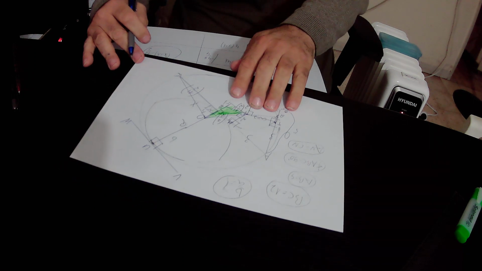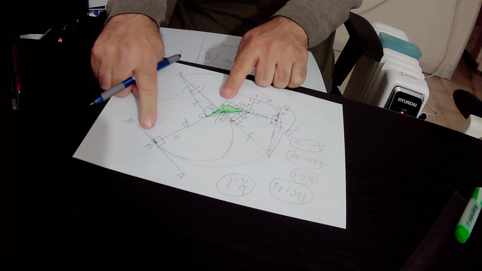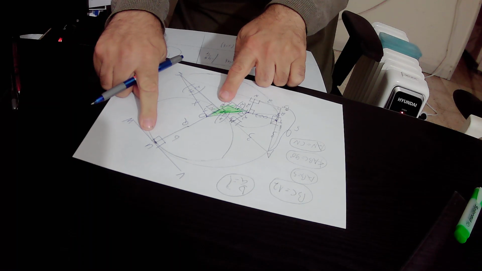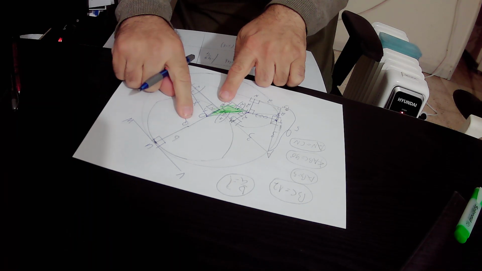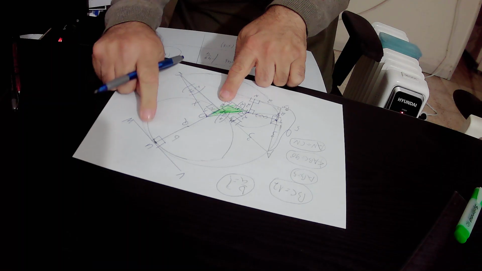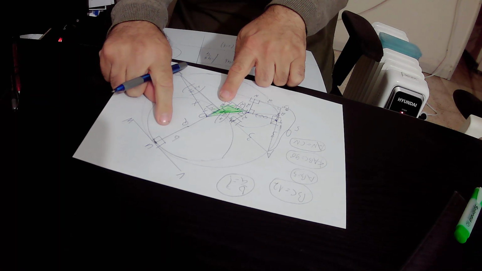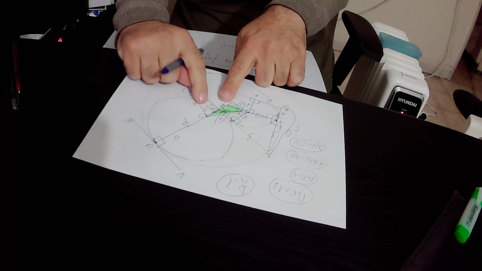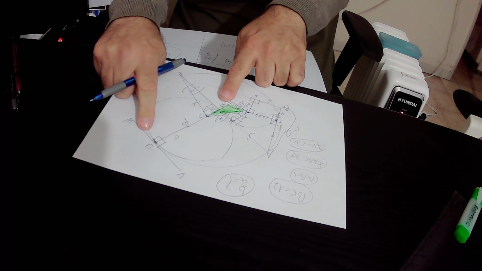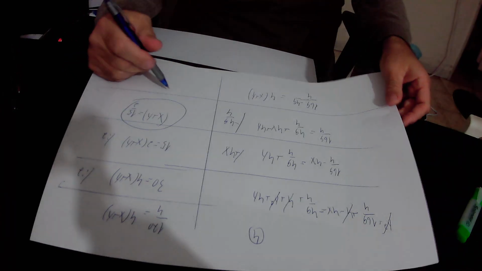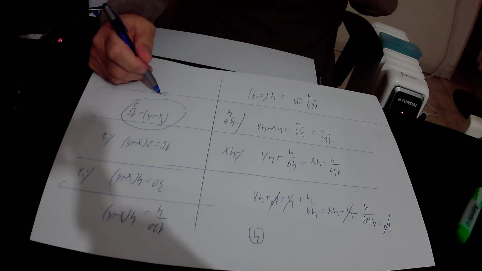So what is the value of UN? UN equals UO plus ON. That is to say UN equals UO, that is x, this is the radius of the biggest circle, plus ON, that is h. So in total UN equals x plus h.